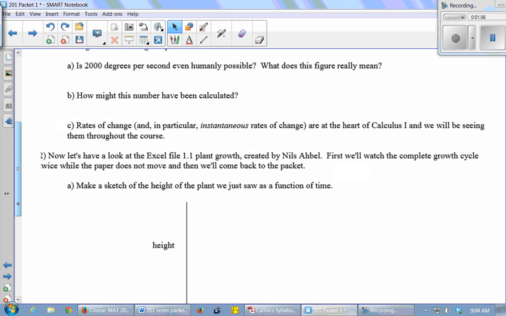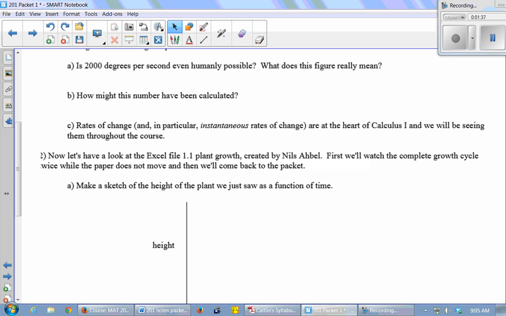Is 2,000 degrees per second even humanly possible? Think about what it means. It means that in 1 second, he rotated 2,000 degrees, which is how many rotations? Like 6 rotations in a second. So he would be flipping over, right? It doesn't seem like he could sustain that speed, but could it happen for an instant?